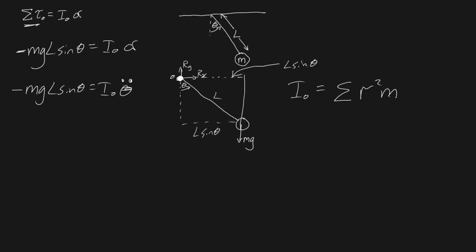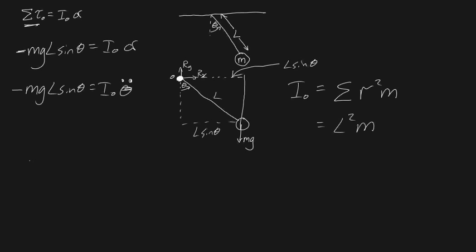So for a set of discrete masses, this is your moment of inertia. And if we're concerning ourselves with your moment of inertia around point 0, that means that r, in this case, your length from your axis of rotation towards your mass, is going to be L. So that's going to be L squared, and m in this case is just going to be m. Not too much of a surprise. There's only one mass to consider, so we don't need to concern ourselves with any other terms at all because the mass of the rope is 0.